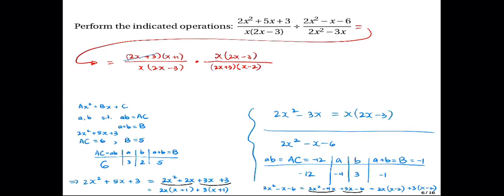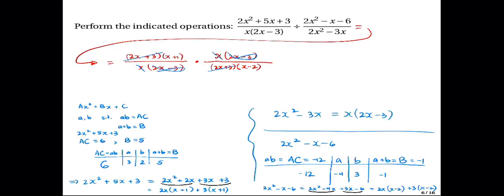So this 2x plus 3 can cancel this 2x plus 3 here. This x here can cancel this. And then the 2x minus 3 here can cancel this one here.